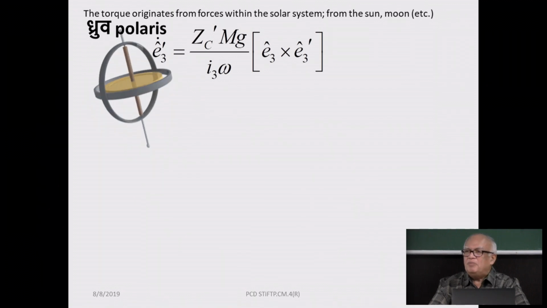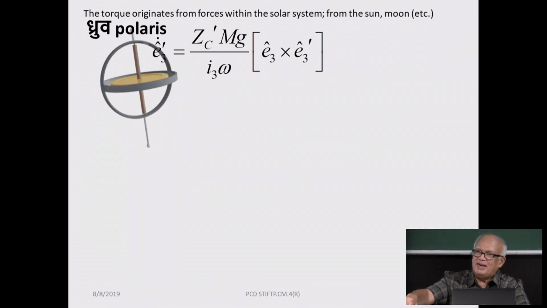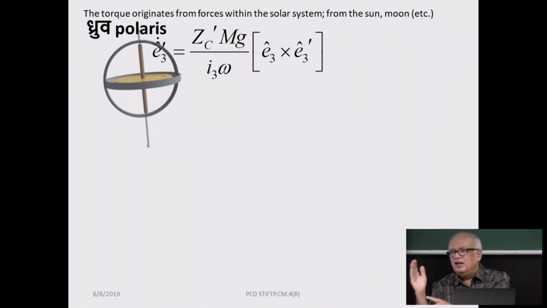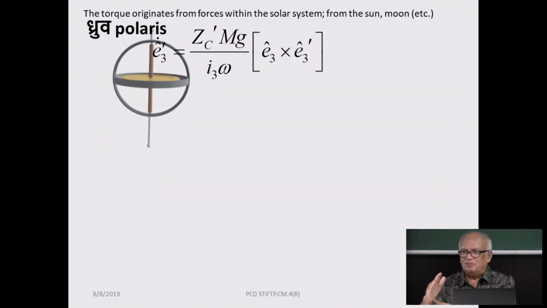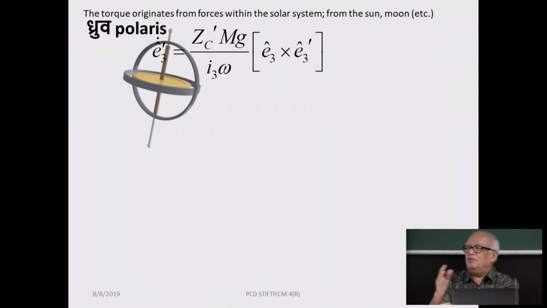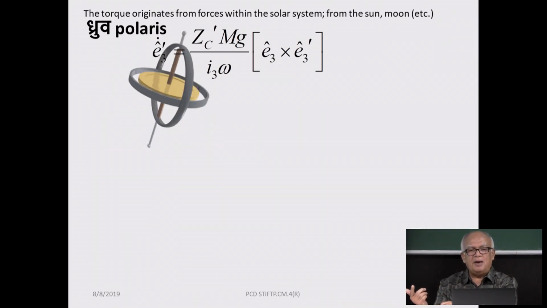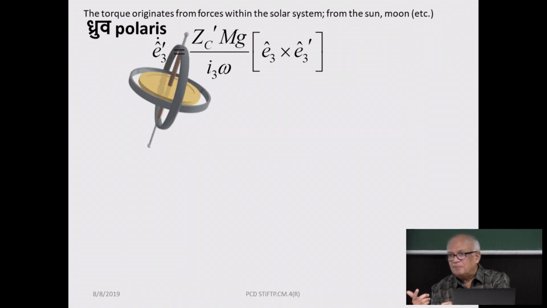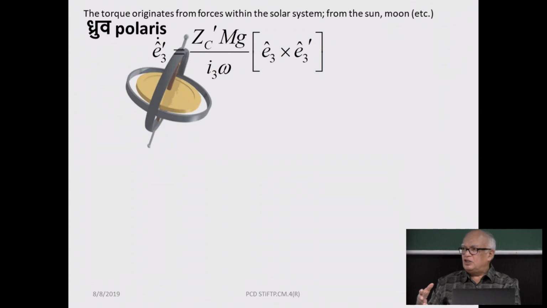So that is going to happen to a top, because once you have a top spinning, at some point, if the top gets slightly tilted from the local vertical, then this torque will make the direction of its angular momentum precess. Now that happens even with the earth, because the earth is also subjected to some gravitational fields.